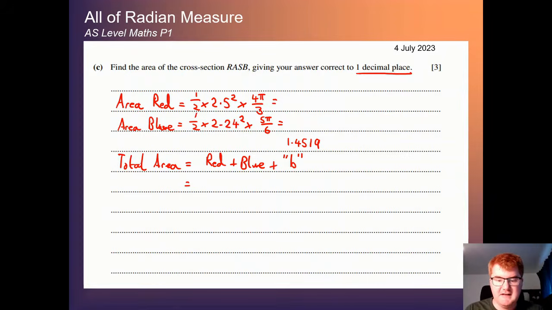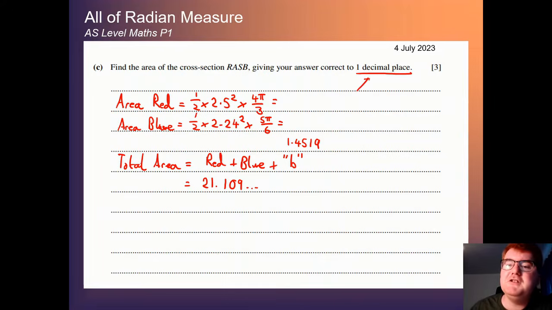Pop into our calculator, let it do its stuff, and we get 21.109. Again, reading the features very carefully, one decimal place, so we want 21.1 and we want square meters. Notice we're looking for area and we're working in meters in this particular question.